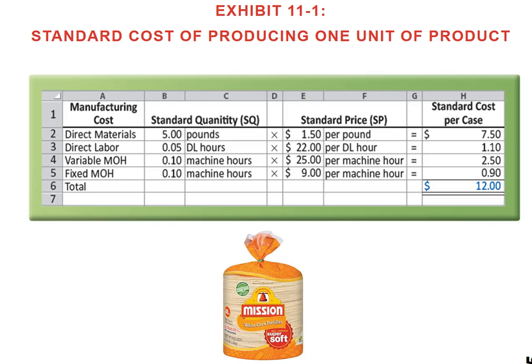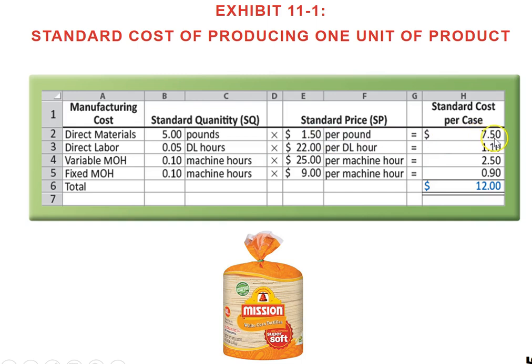So now if you think of the standard cost of producing 1 unit of product, this whole bulk of tortilla, we will consider this as 1 unit of product. You could figure it out this way, that to produce this 1 unit of product you need 5 pounds of flour, which is your direct material, and the standard price per pound of flour is $1.50.